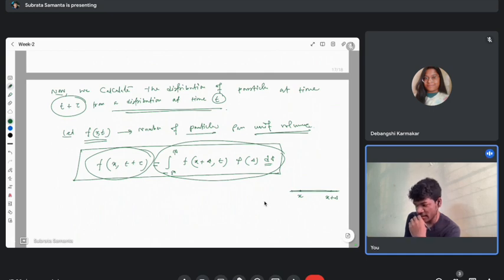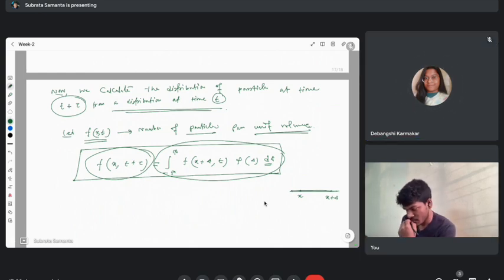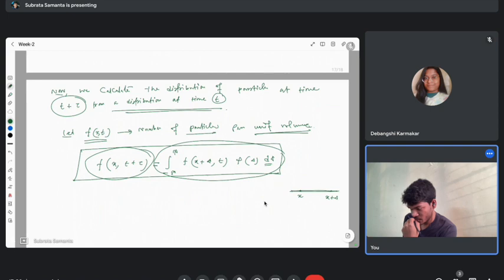This one is not clear, right? Okay, so suppose we know the distribution at a time t and a space x plus delta.